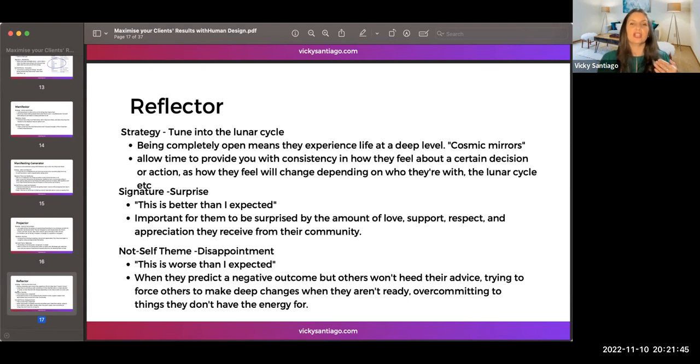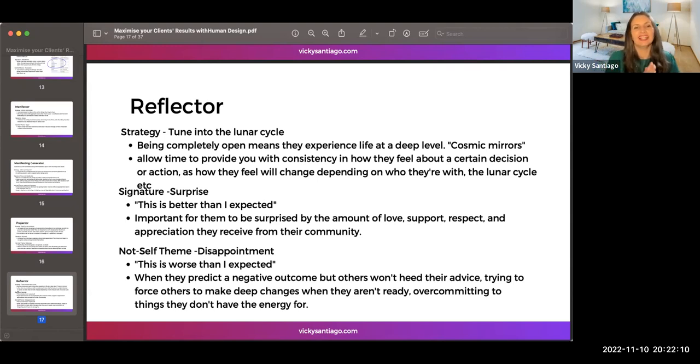They're going to find that things will change on a cycle, usually to do with the lunar cycle. So for a reflector to really make a decision that is amazing for them, especially those bigger life decisions, it's actually really good for them to allow a full cycle to pass. So they've gone through all the experience, all of the feelings before they make a decision.